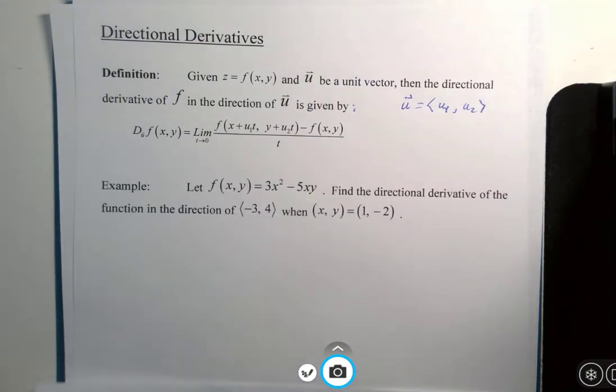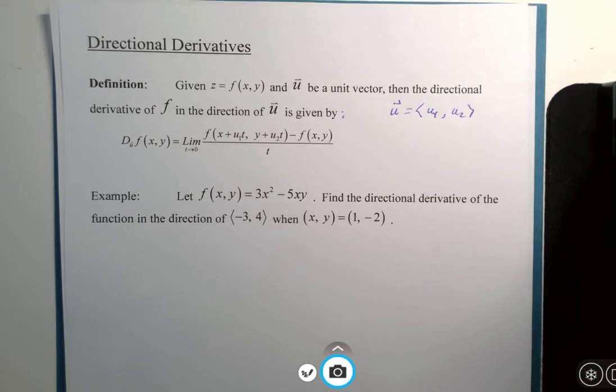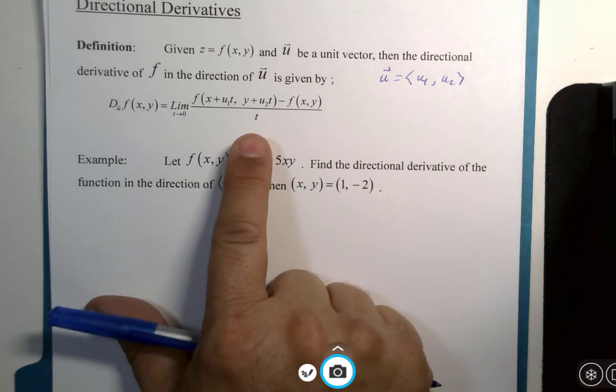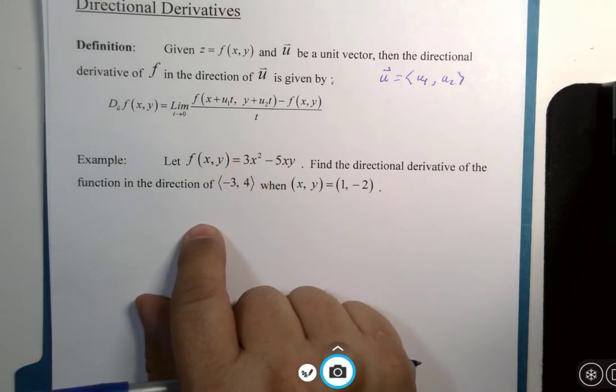So here is our example. What do you guys think of it? I don't plan on sketching the graph, and I can tell you when you do meet the shortcut for the definition, the shortcut isn't as memorable as the derivative of x squared is 2x.